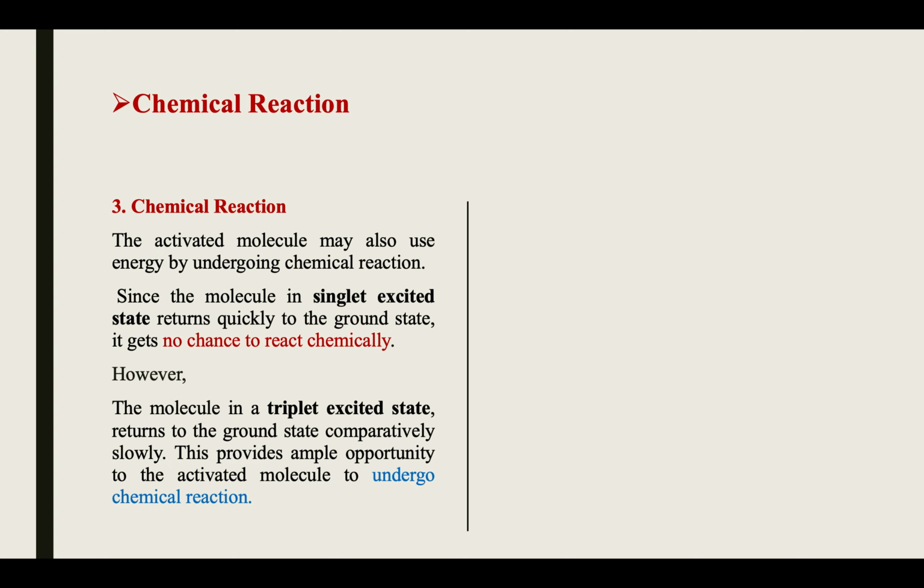This is a very excited state of the molecule, and as we know, if your spins are parallel, it is very reactive. So it is very special to undergo chemical reaction.